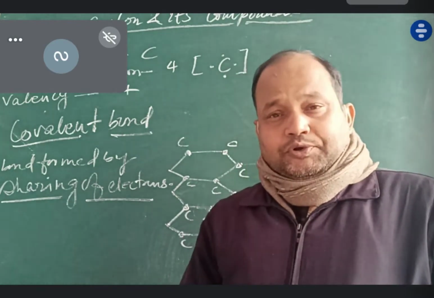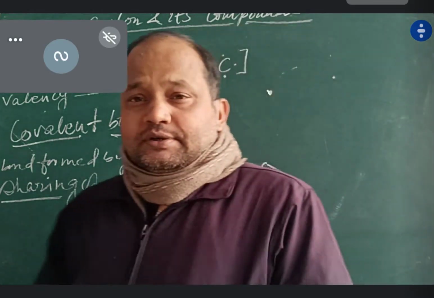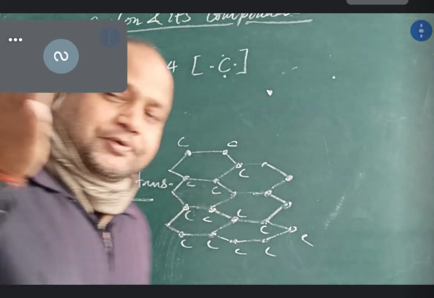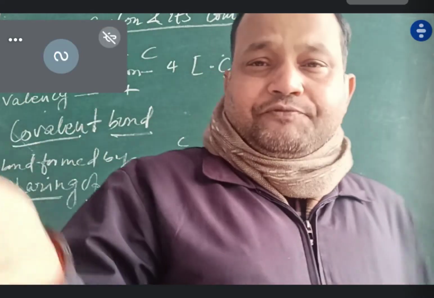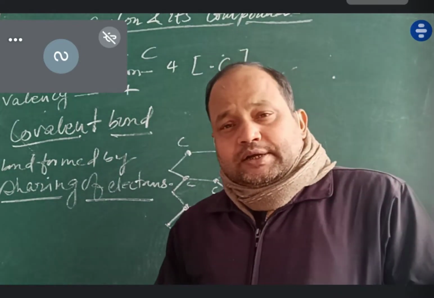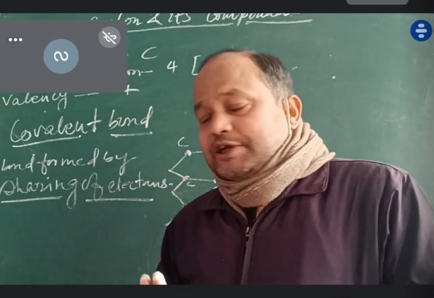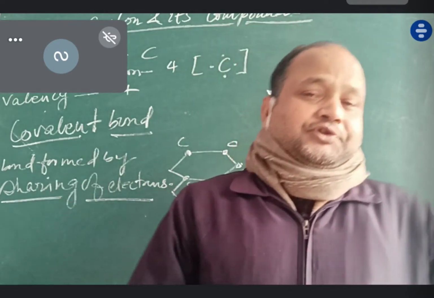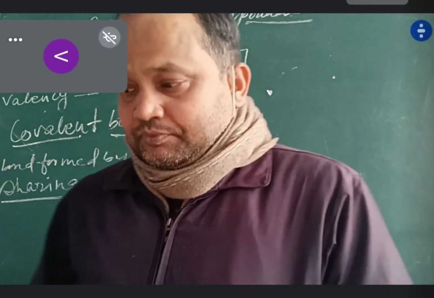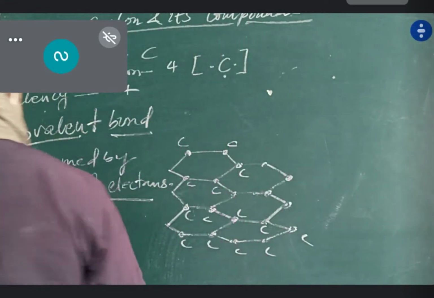So nonmetals have the tendency of gaining electrons or sharing electrons. If the bond is formed between two nonmetals, then the bond will be covalent or electrovalent? Covalent. Very good.